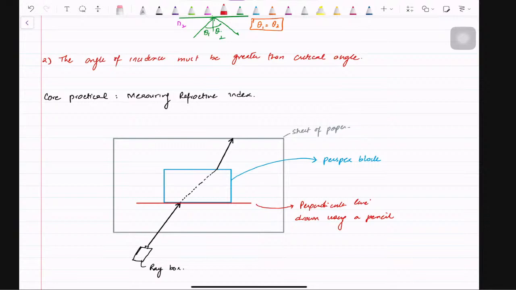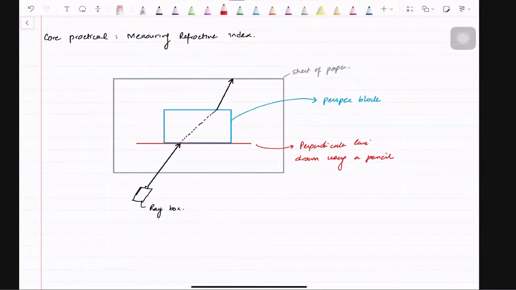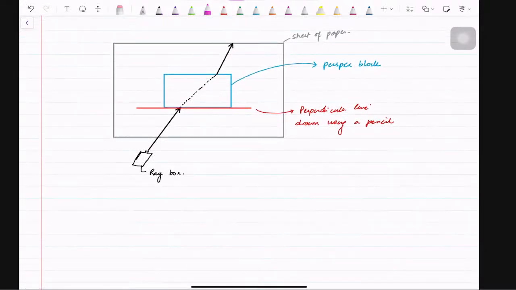Now, let's move to the variables. First of all, we should remember that the dependent variable is the one that changes if we change the independent one.